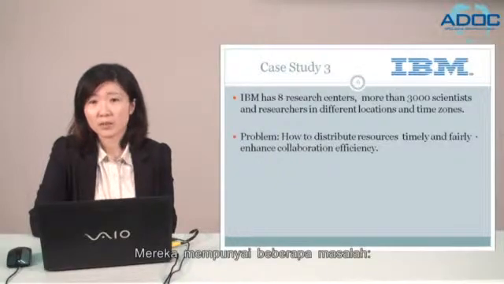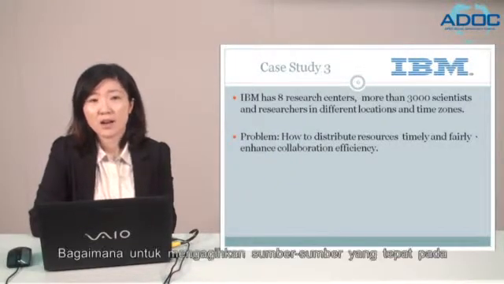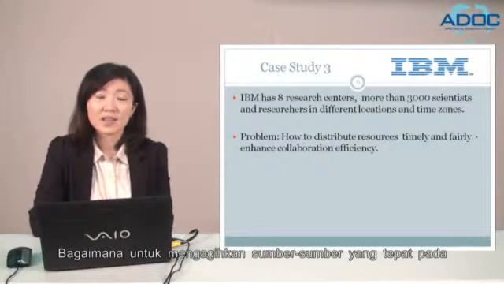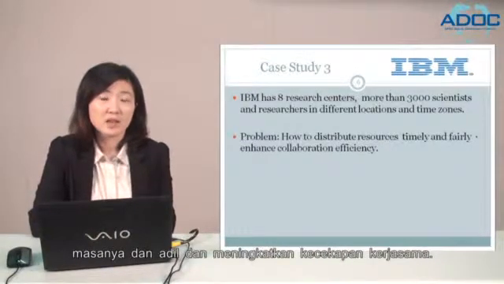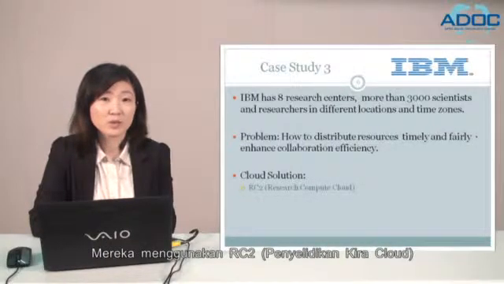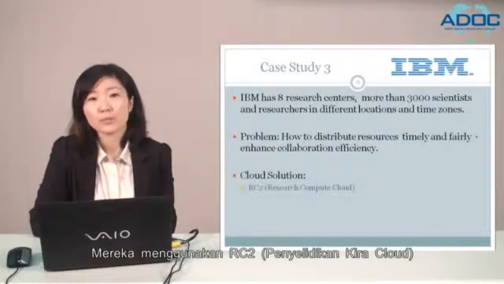They have some problems: how to distribute resources timely and fairly, and enhance collaboration efficiency. And then they come up with the cloud solution. They use RC2, Research Compute Cloud.